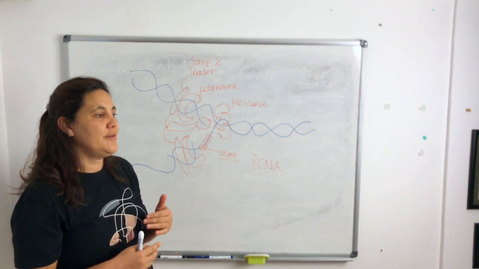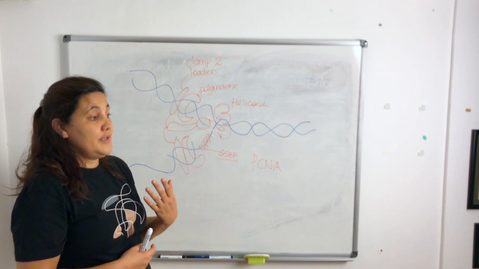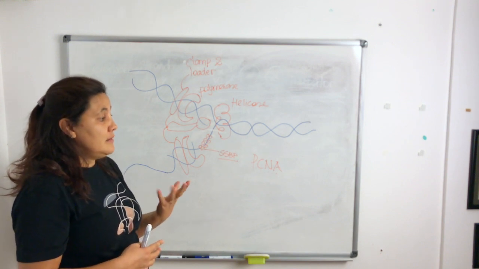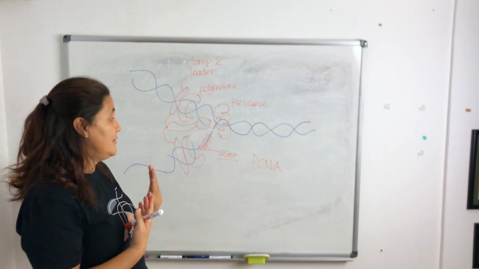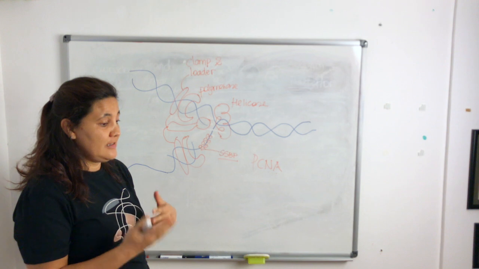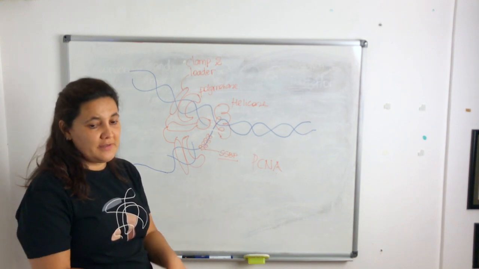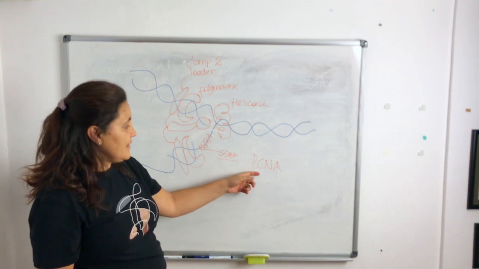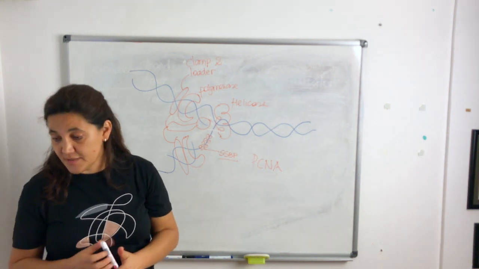For example, if a cell is actively dividing or replicating its DNA, it has to have PCNA. But if the cell is a very quiescent cell and it doesn't divide often, then PCNA expression would be very, very low. So we use this as a marker of the replication process.